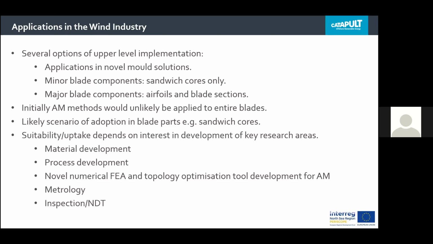are, obviously, material development, things like certification, and I believe also standardization of material characterization methodologies for additive manufacturing. That's absolutely key. Process development for sure, and novel numerical FEA and topology optimization tool development is going to be a requirement as well.